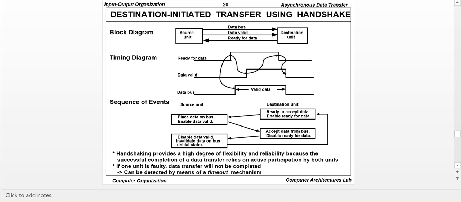So the handshaking provides a high degree of flexibility and reliability for the successful completion of a data transfer, because there is active participation of both the units. I told you the cycle is complete.